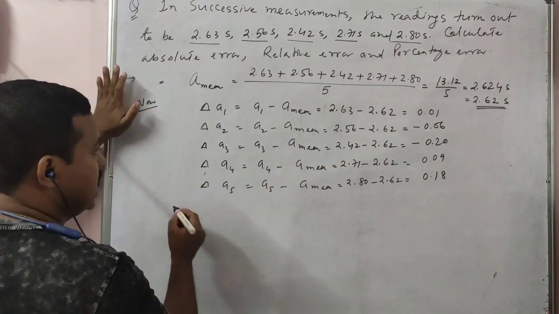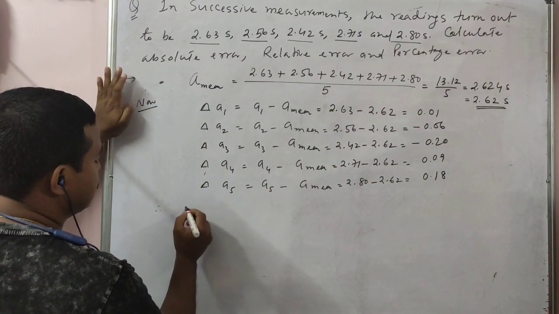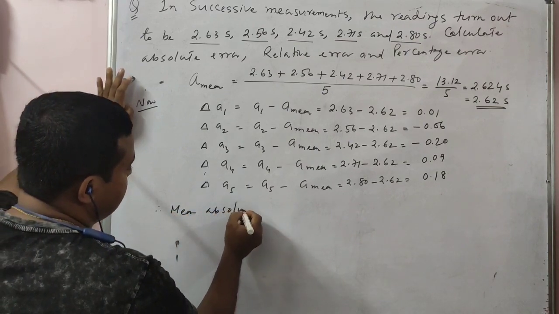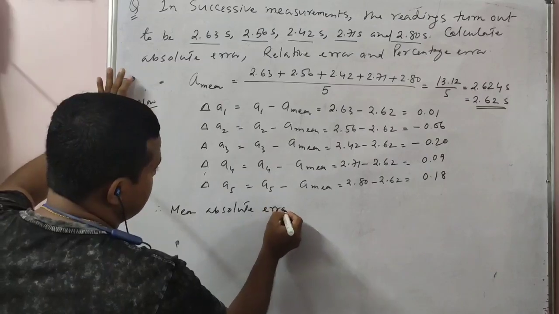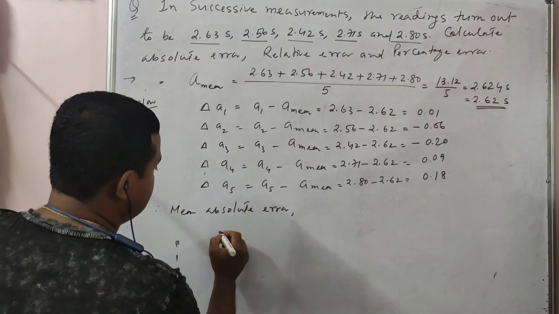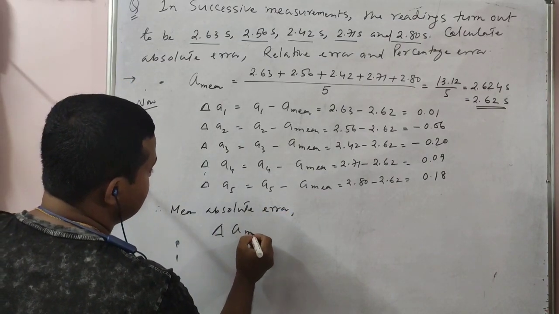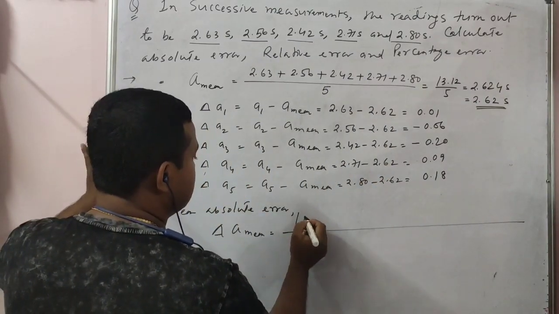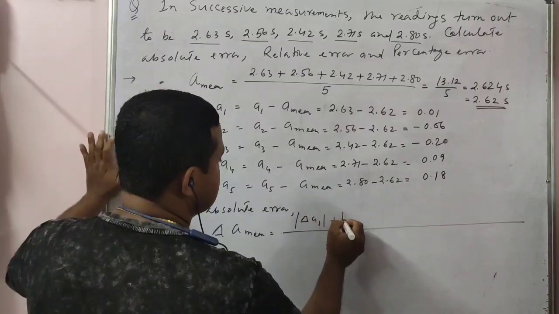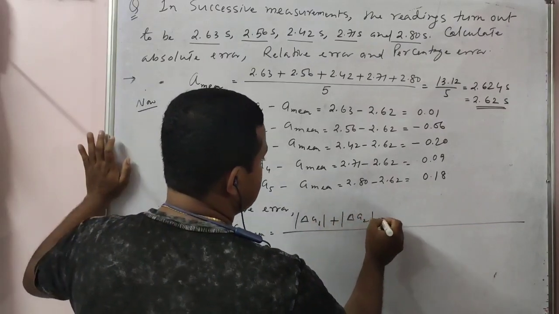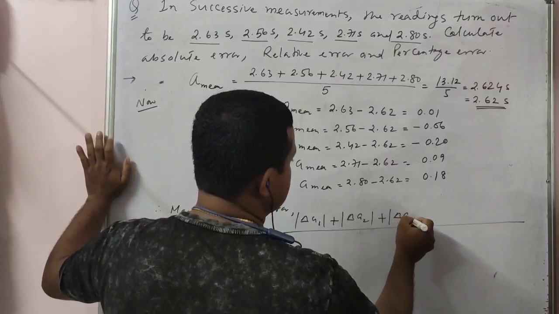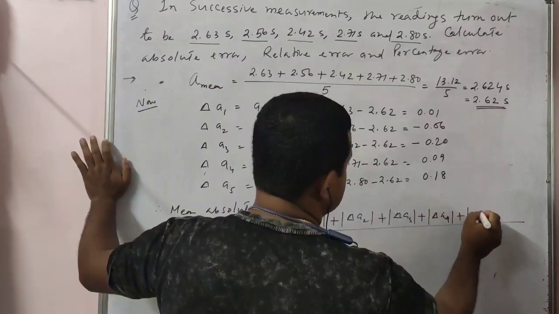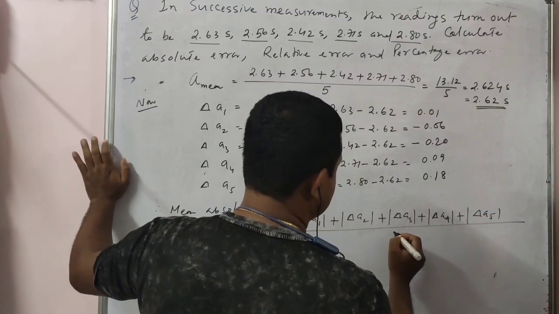So here I am getting the individual absolute errors. Now you find the mean absolute error. Mean absolute error will be delta A mean, which is the modulus of delta A1 plus delta A2 plus delta A3 plus delta A4 plus delta A5, divided by 5.